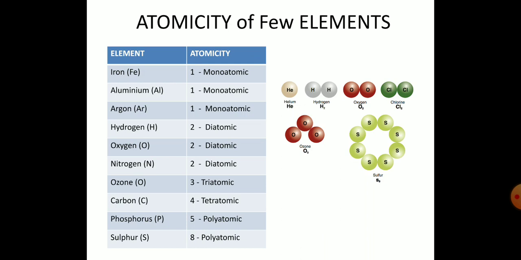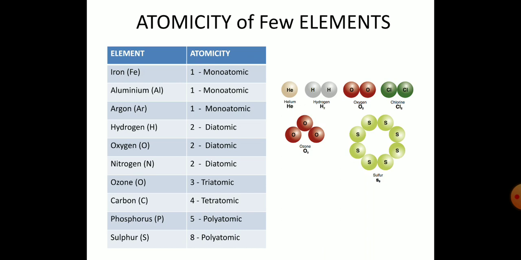Similarly, iron is monoatomic, aluminium is monoatomic, argon is monoatomic, hydrogen is diatomic, so it is H2, oxygen is O2, chlorine is Cl2. Ozone is 3 atoms of oxygen combined, so it becomes triatomic. Carbon has 4 atoms, so it becomes tetraatomic.